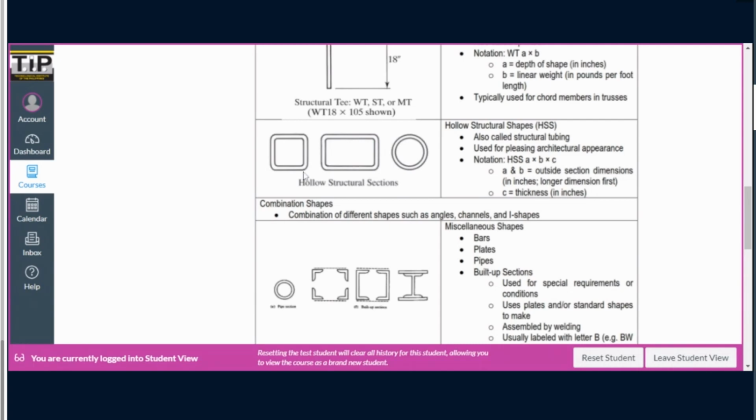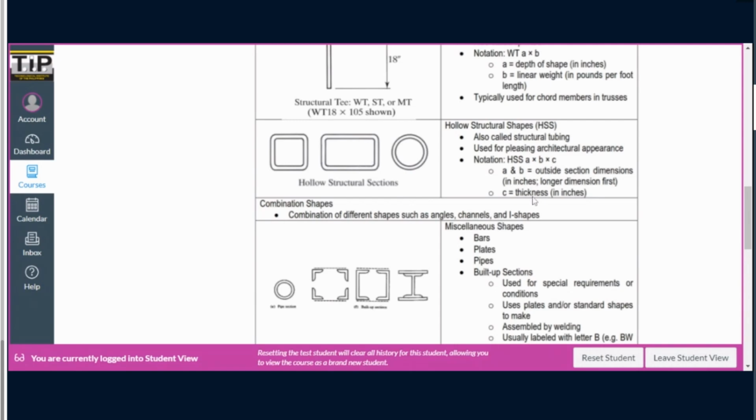So the length and the width, okay, in inches. So usually, like the angles, we denote the longer dimension first, okay. And C here is the thickness of the section, the thickness of all of the sides of the hollow section.